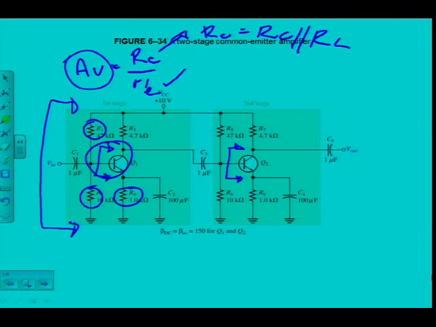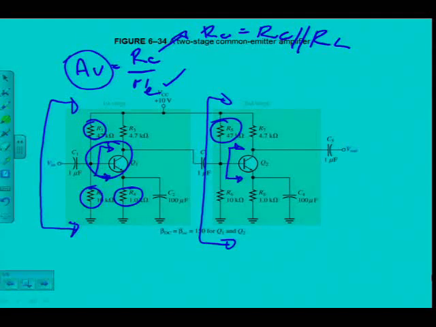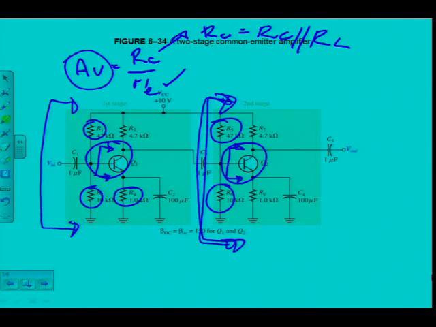In this case, it would be beta AC times R'E, because RE is bypassed. And then the total input resistance would be, in this case, R5 in parallel with R6 in parallel with Rin at the base. The voltage divider is just named differently. You're with me? So I've got here a complete input resistance. Do you agree?